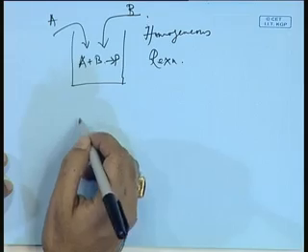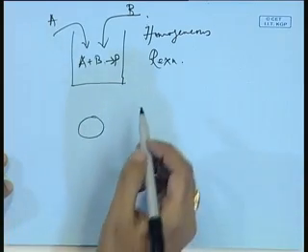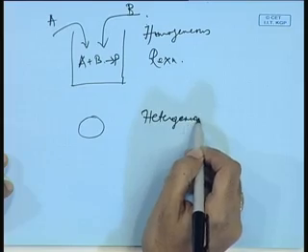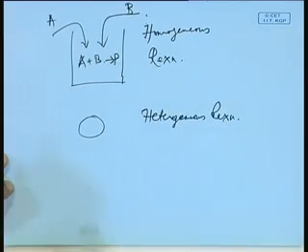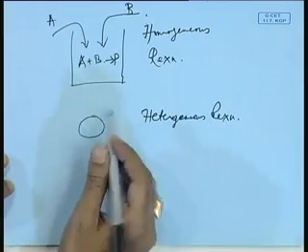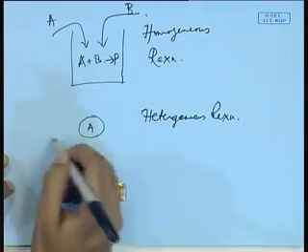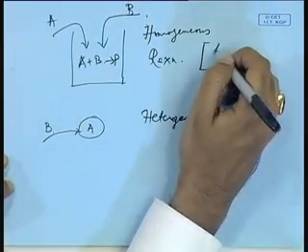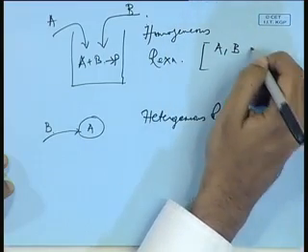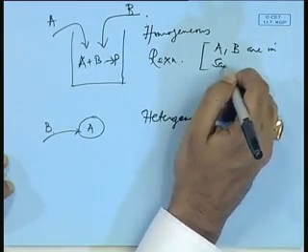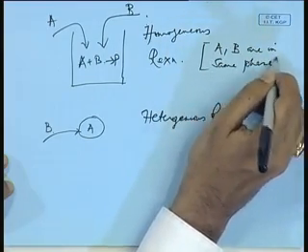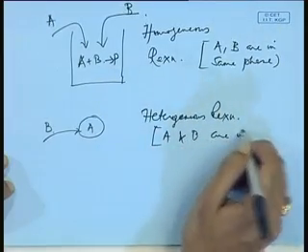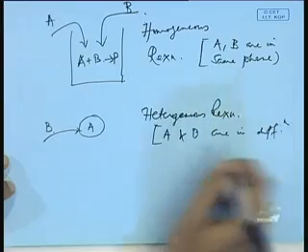Then the second one is, say, a catalyst pellet. We took this heterogeneous reaction. In a homogeneous reaction, the definition is that A and B are in the same phase. Here, A and B are in different phases.